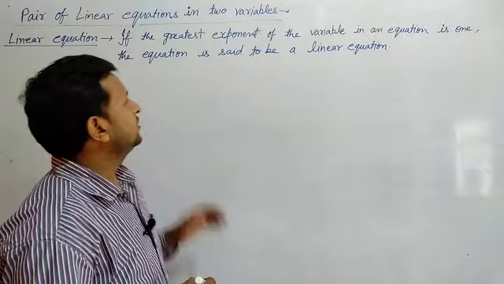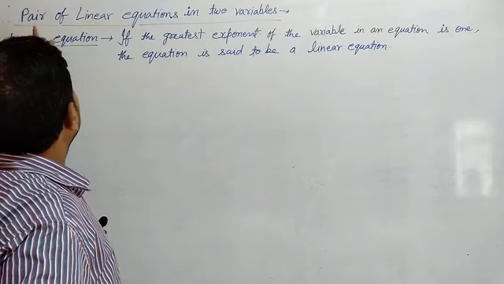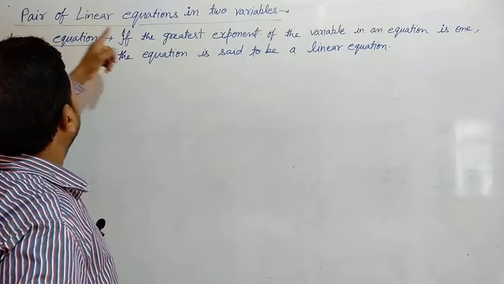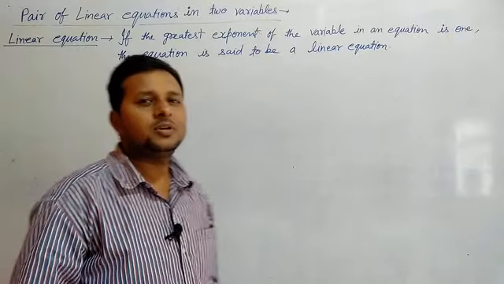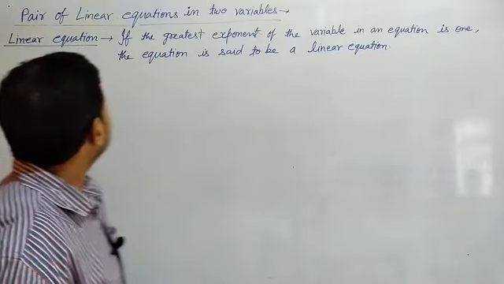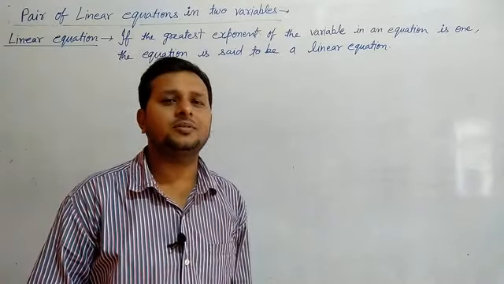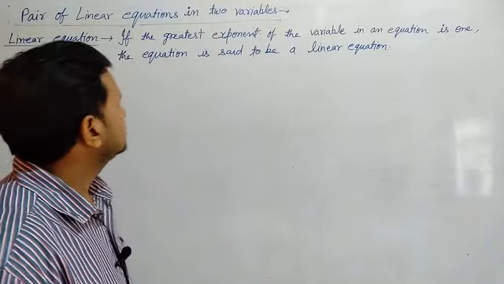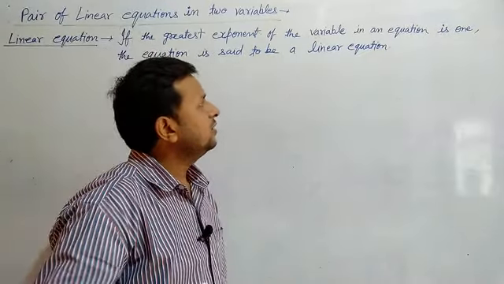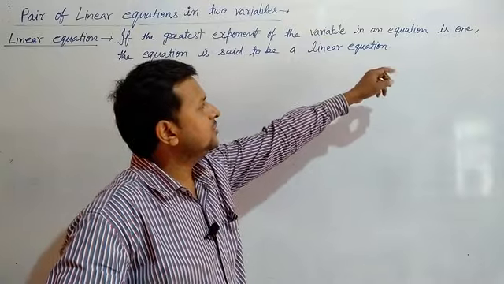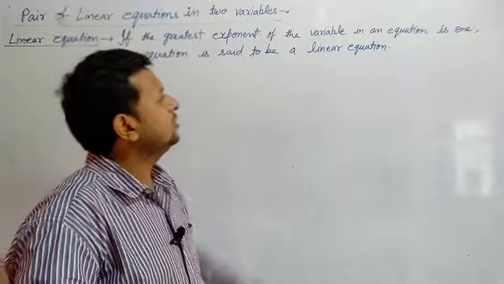Now we discuss the topic, pair of linear equations. First of all, we have to know what a linear equation is. If the greatest exponent of the variable in an equation is 1, the equation is said to be a linear equation.